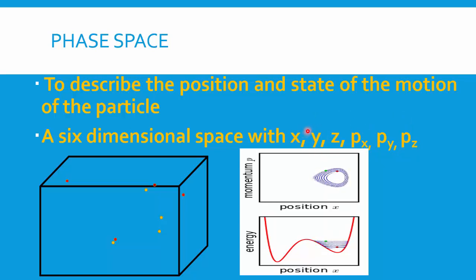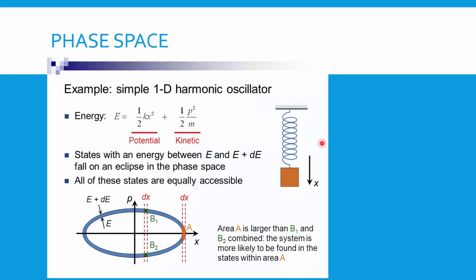So you will have six coordinates. For every particle, for every point on the graph, you will have six coordinates: x, y, z, px, py, pz. So that's phase space. Now phase space we can classify into two types that I will discuss later.